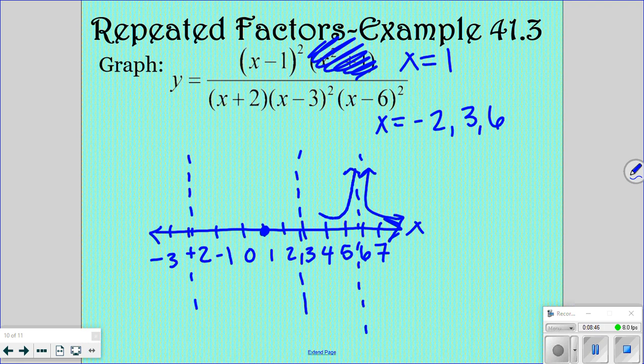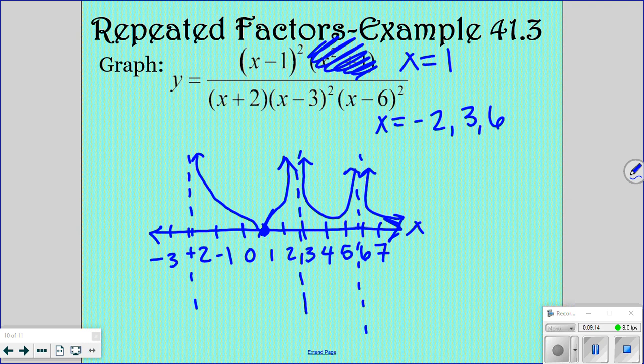And we can't cross the x-axis because there's not a dot, so we approach the asymptote again. At 3, it was also squared, so again we're going to volcano. But we do have a dot here. Now the question is, are we going to go through it or are we going to bounce away? The 1 is squared, so we're not going to go through it, we're going to touch it and bounce away. And then approach that asymptote.